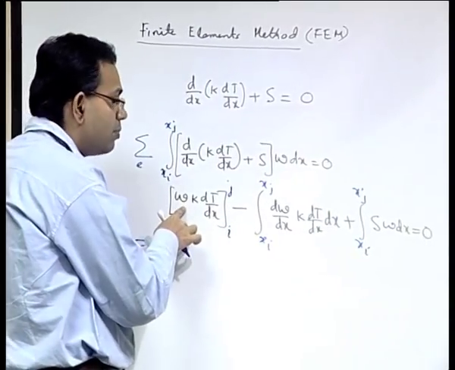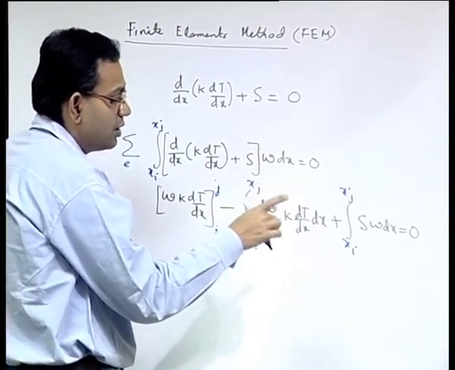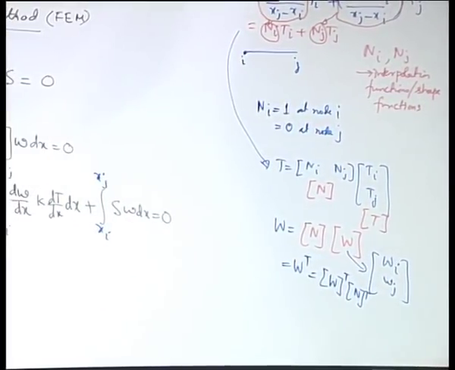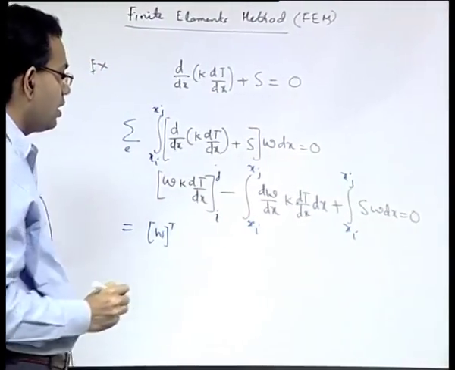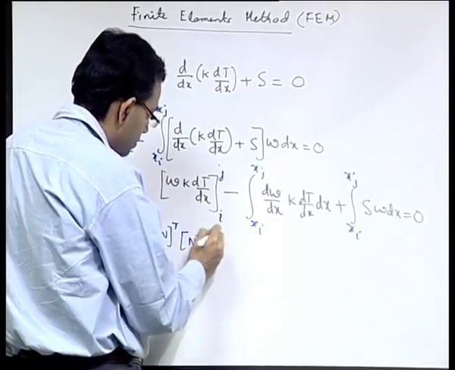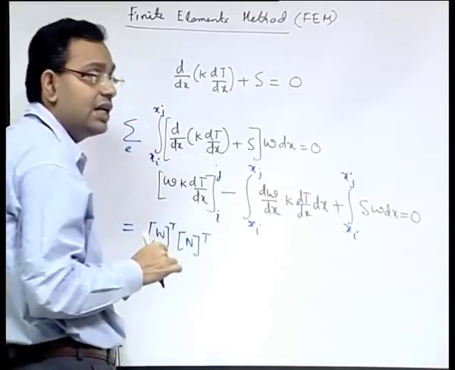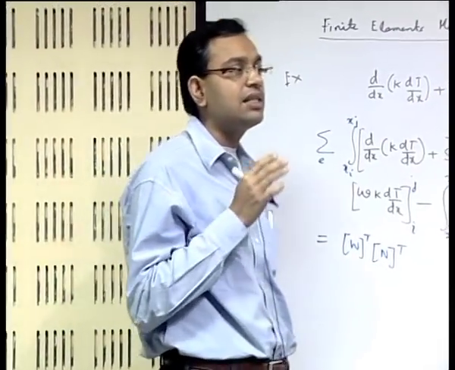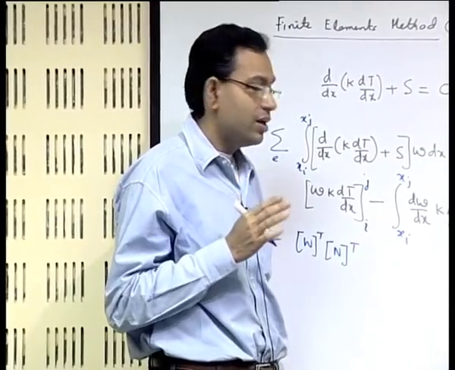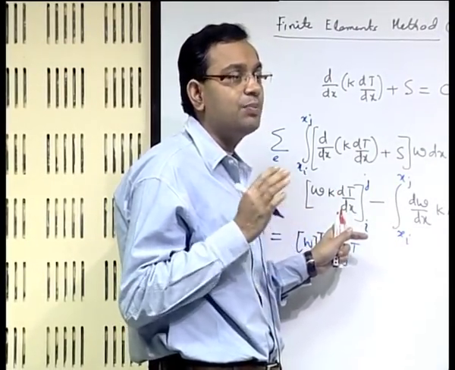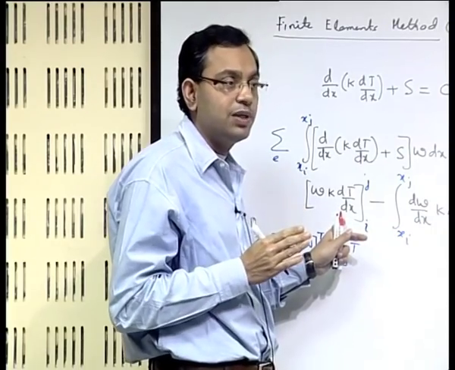So, in place of W we write W transpose into N transpose. In place of K dt dx, see what is K dt dx? Minus K dt dx is the heat flux. So, K dt dx specification of that is basically a natural boundary condition specification.